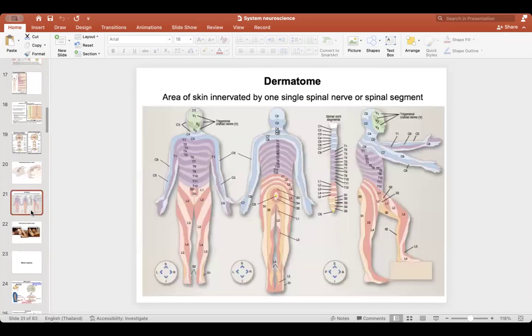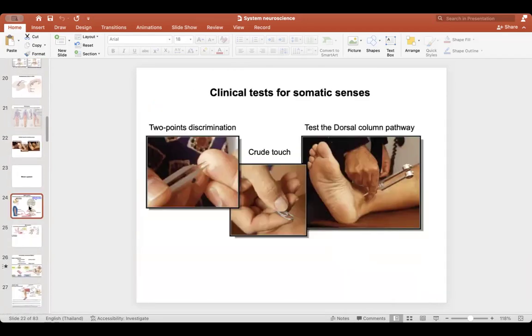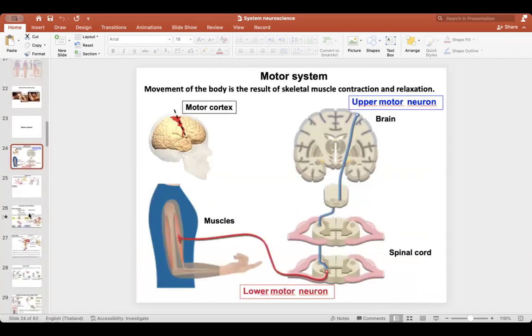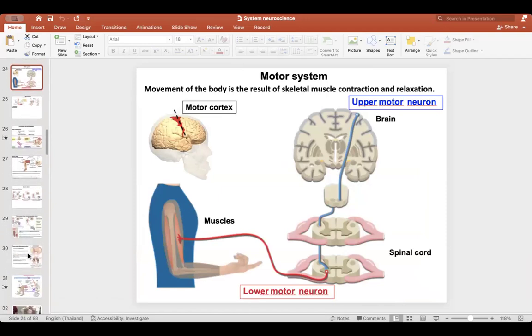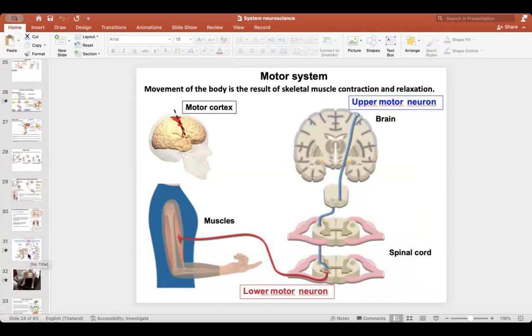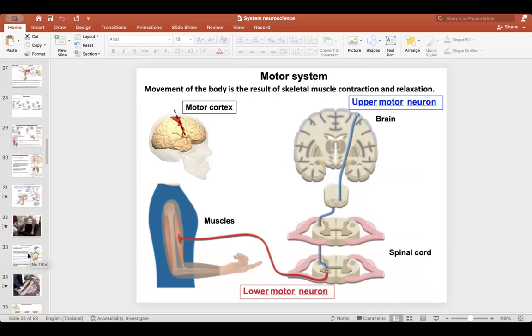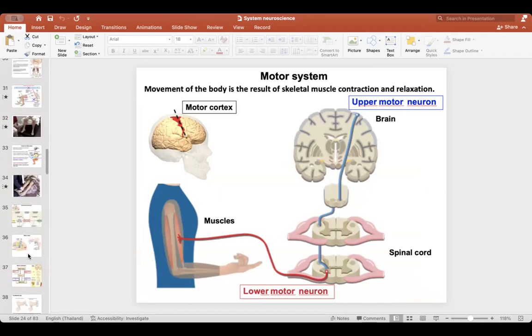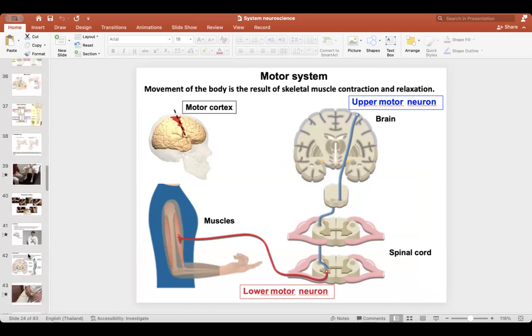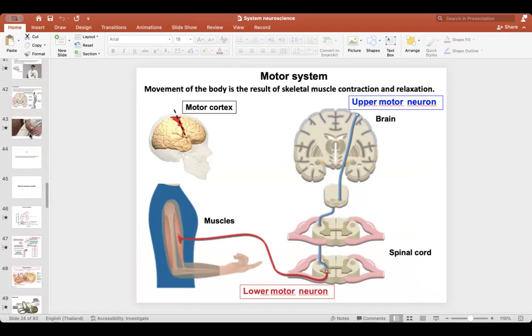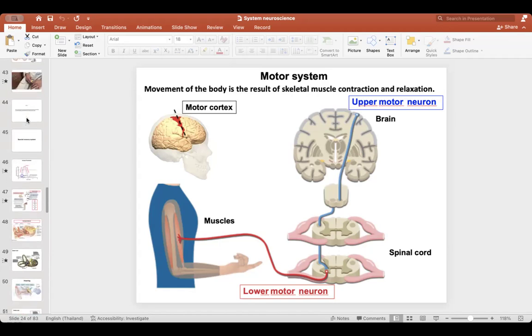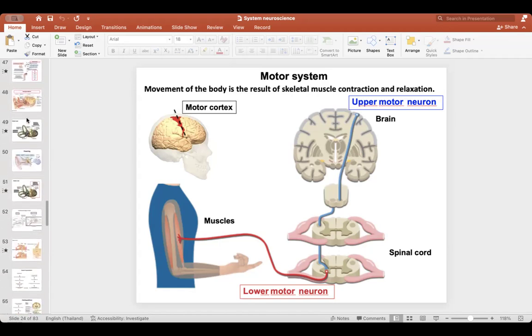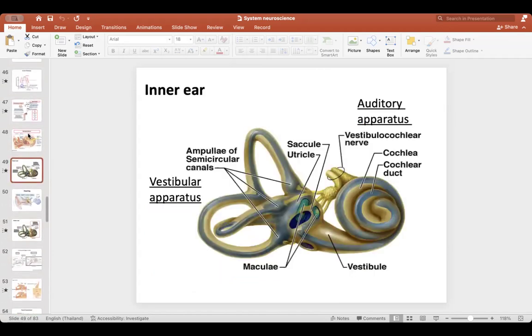Make sure that you understand the concept of the motor system, reflex, right? How does it work? Hyperreflexia, the diagnosis of that, the Babinski sign, those kinds of things that we learned today. The cerebellum, Parkinson's, what kinds of tremors, those kinds of things. And also the functions of the inner ear, right? Hearing or balance, okay?